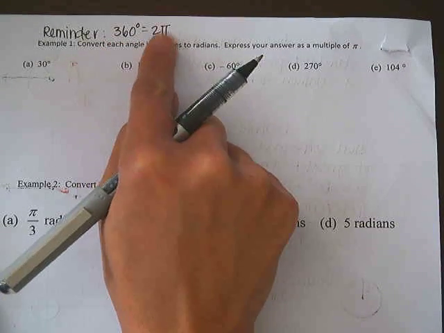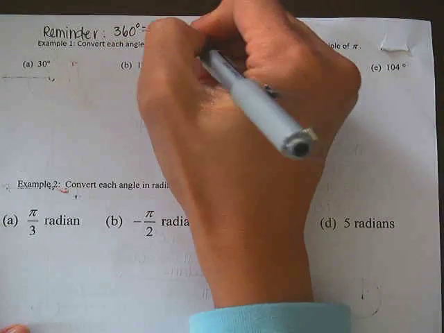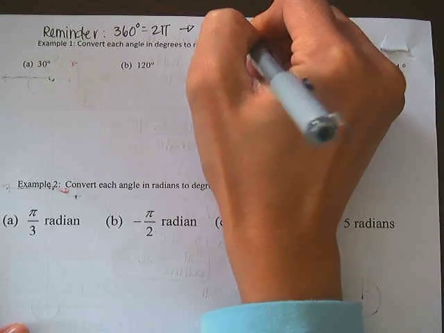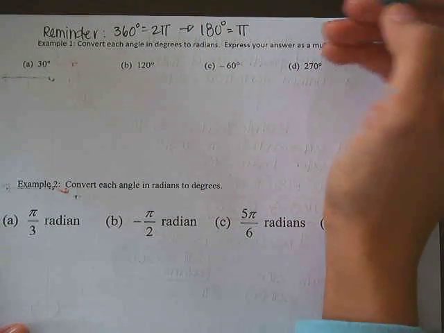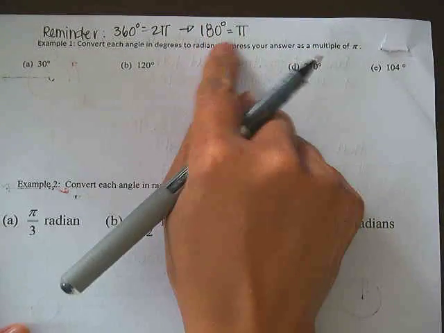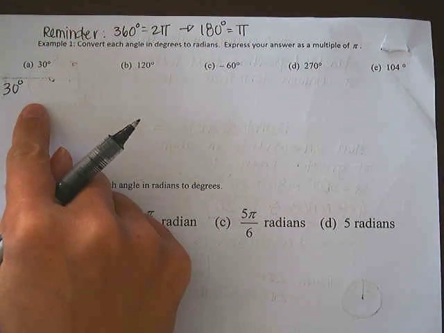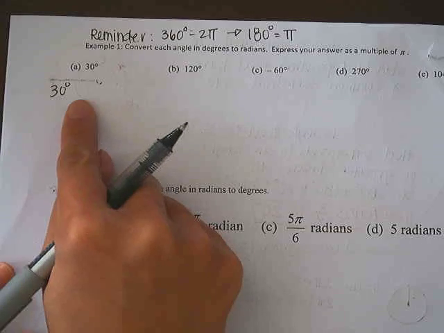So if you don't want radians, you have to put the bubble on it. That means 180 degrees equals pi radians. So we're going to use this right here. We have 30 degrees, and I would like to convert it to radians.